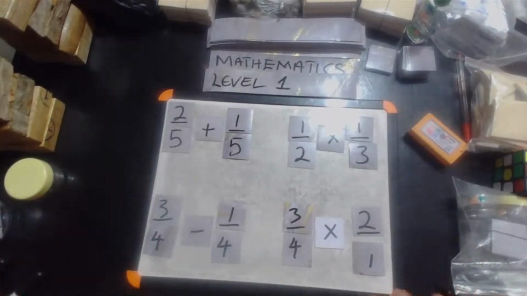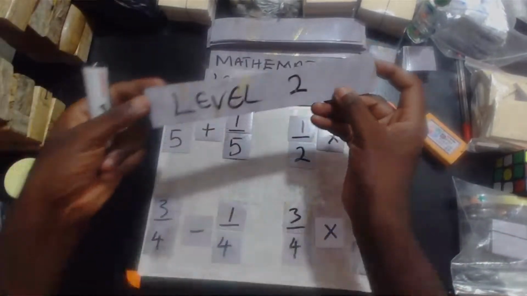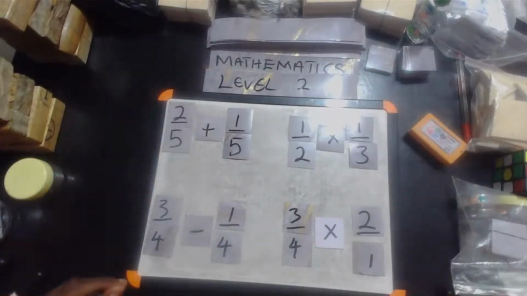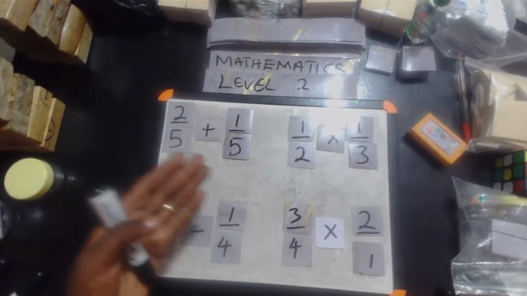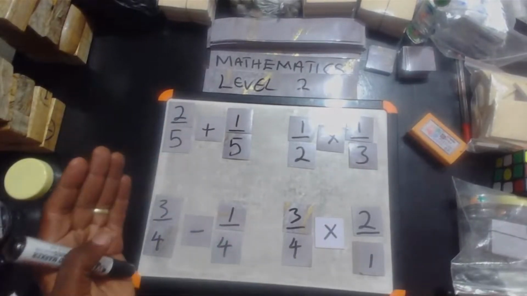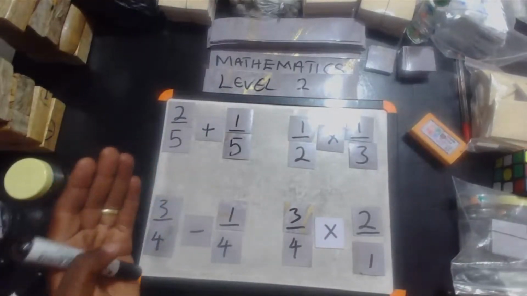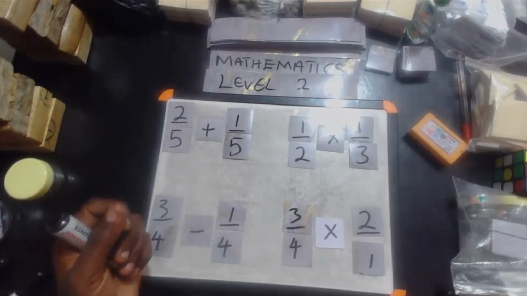Now let's go on to level 2. So what does level 2 require of us? Yes. So level 2 is in a similar fashion. Here, you're supposed to show working and simplify your answers.